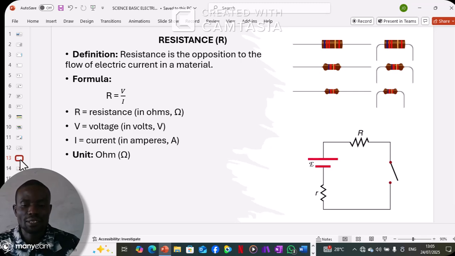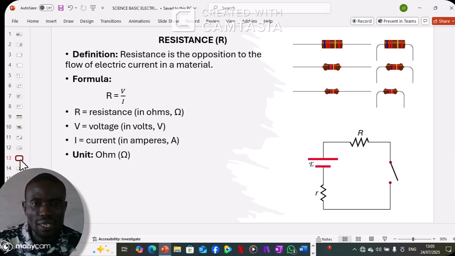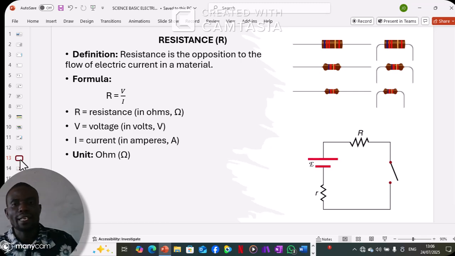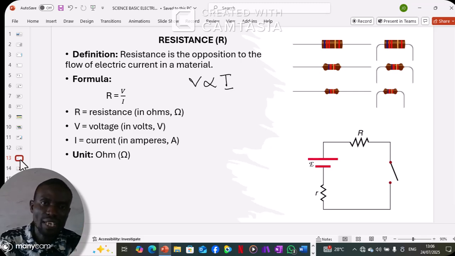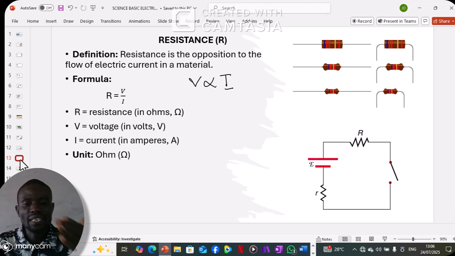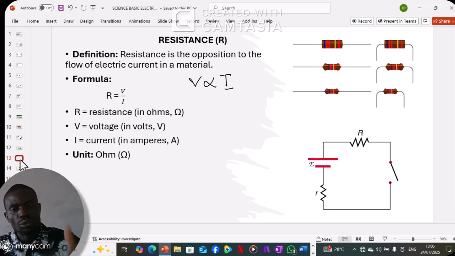I said something initially, I'm going to come back to it now. We say voltage is proportional to current. The more the voltage, the more the current. This is an ideal situation, that is, if the material of that conductor does not cause any resistance.